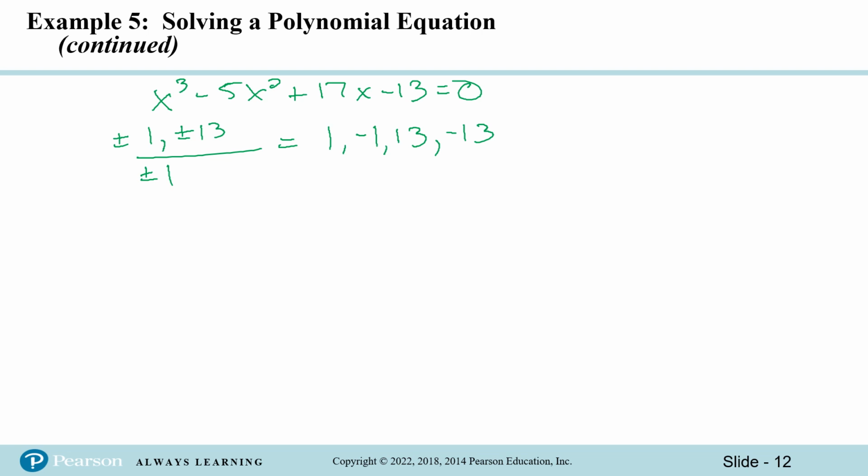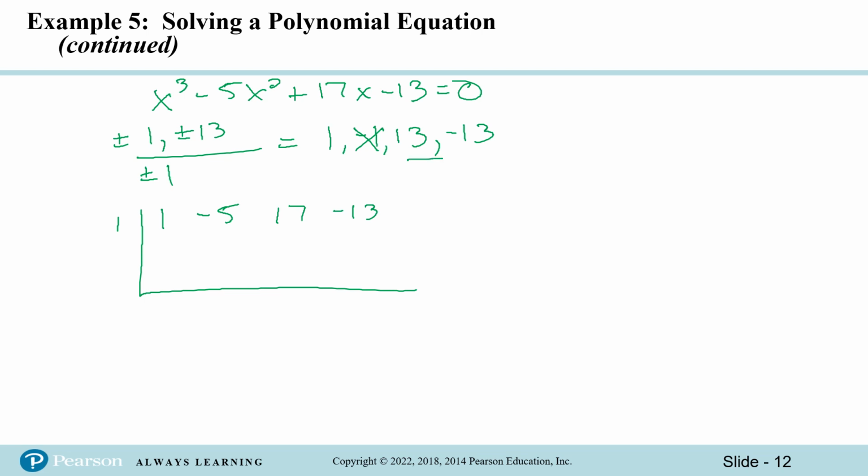I think we already tried negative 1, so that's not going to work on this one either. But we still have 1 as a possibility. It could be a repeated root. So let's try 1 again.